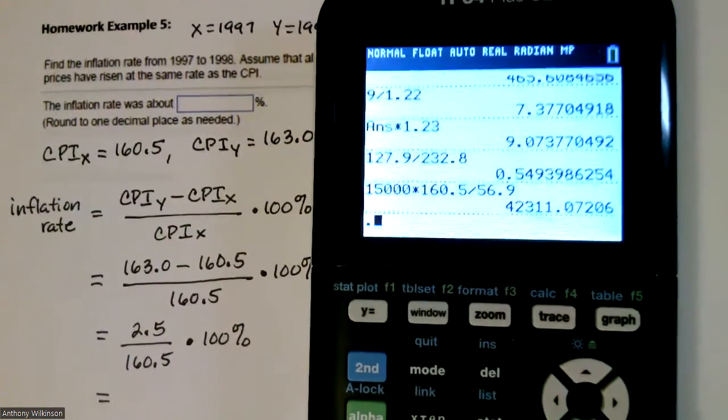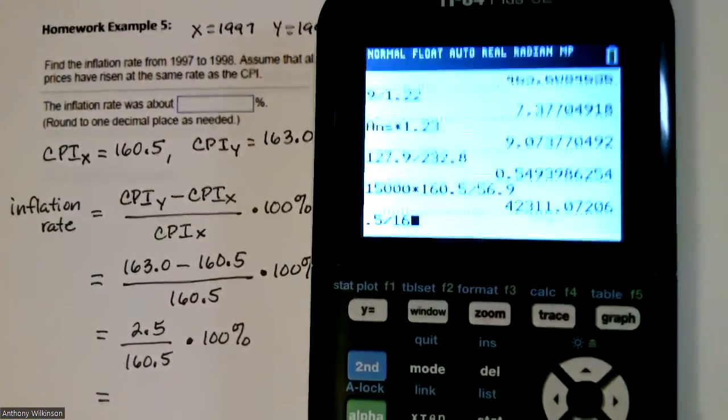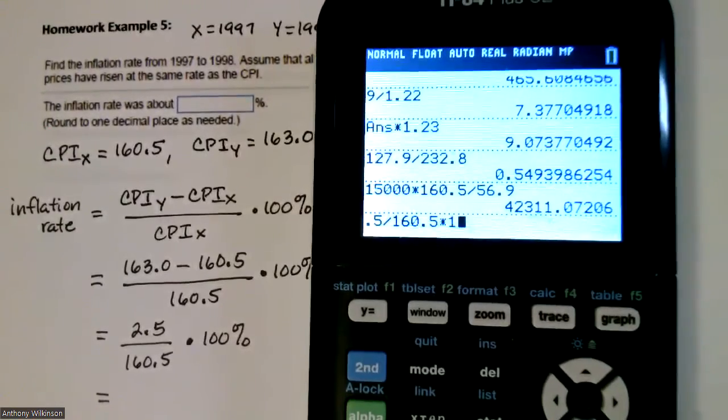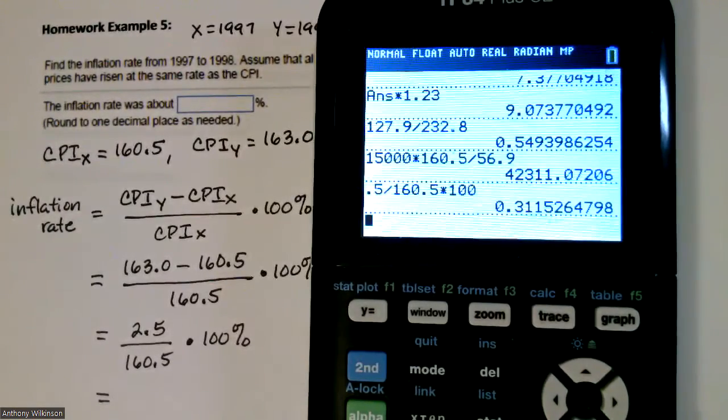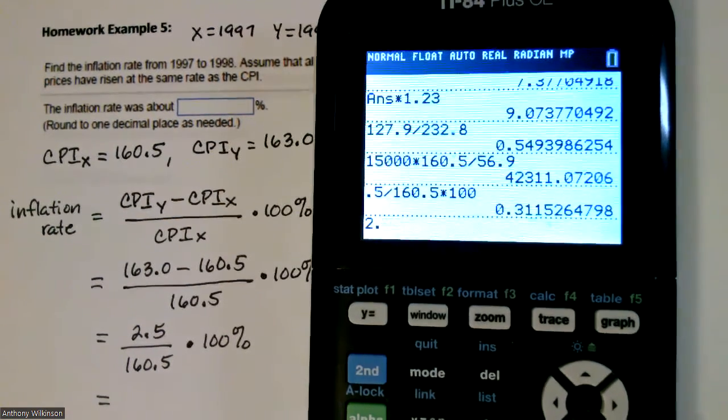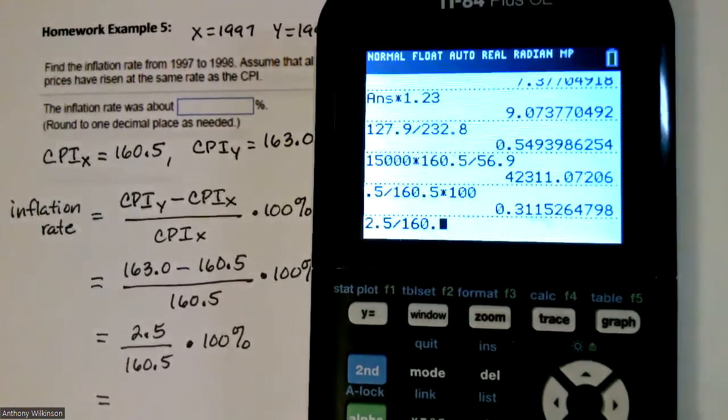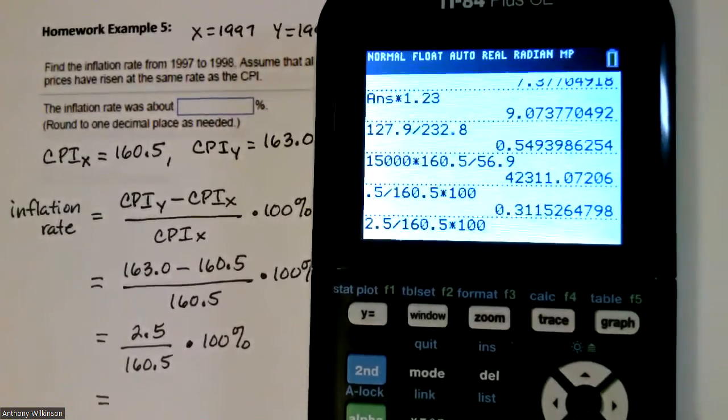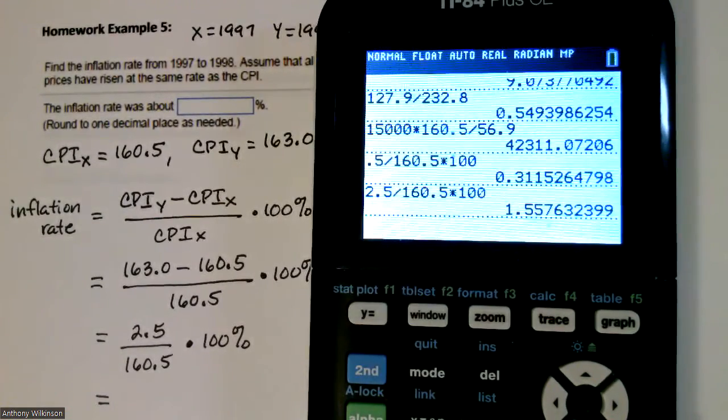Okay. So if I do 2.5 divided by 160.5 times 100, sometimes I can be typing the wrong thing.